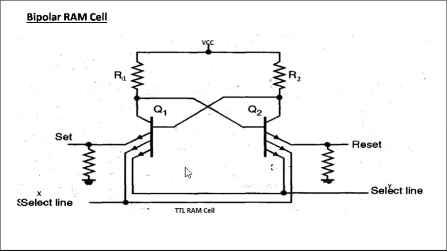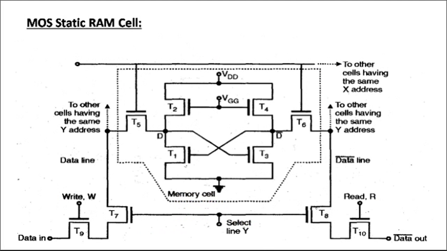Now the second is the MOS static RAM cell. If you observe the schematic of the MOS static RAM cell, it is nothing but enhancement mode MOSFET transistors used to make this RAM cell. It is very similar to the TTL cell just discussed.